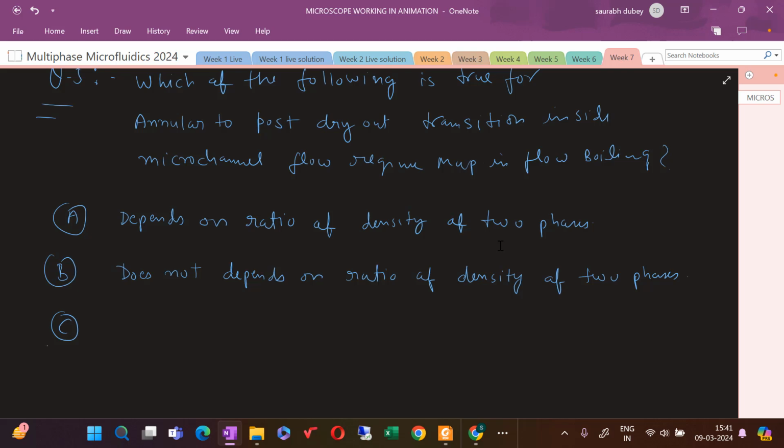Okay, so as far as I understand now, you are getting some glitches, and option C is it depends on boiling number.